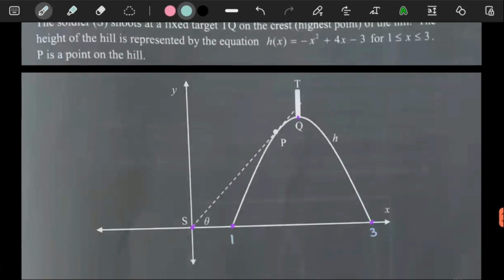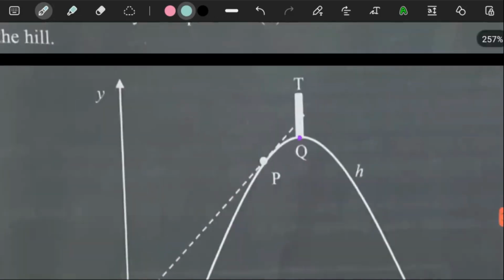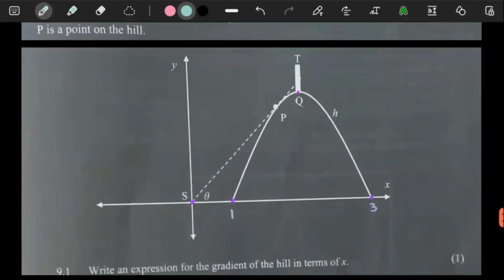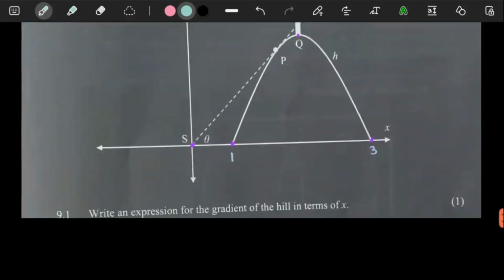P is a point on the hill. Yes, it means that if this dotted line is the path that the soldier is going to shoot, then that line, that path, would be a tangent at P, a tangent to the hill. And they ask for an expression for the gradient of the hill in terms of x.